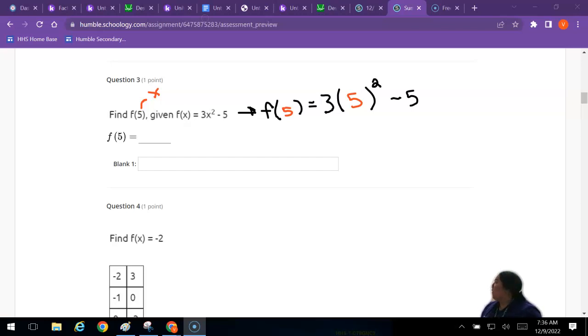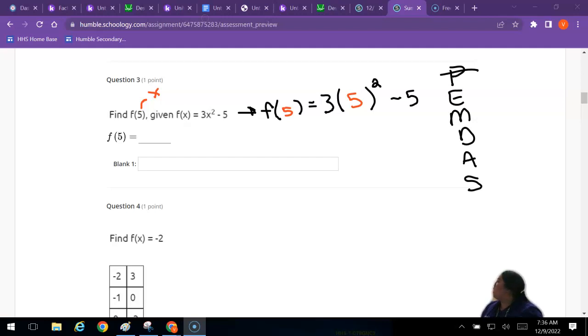I rewrote it. So according to PEMDAS, Javion, what do I do according to PEMDAS? I work with parentheses. There's nothing in my parentheses. Then I work with my exponent, right?